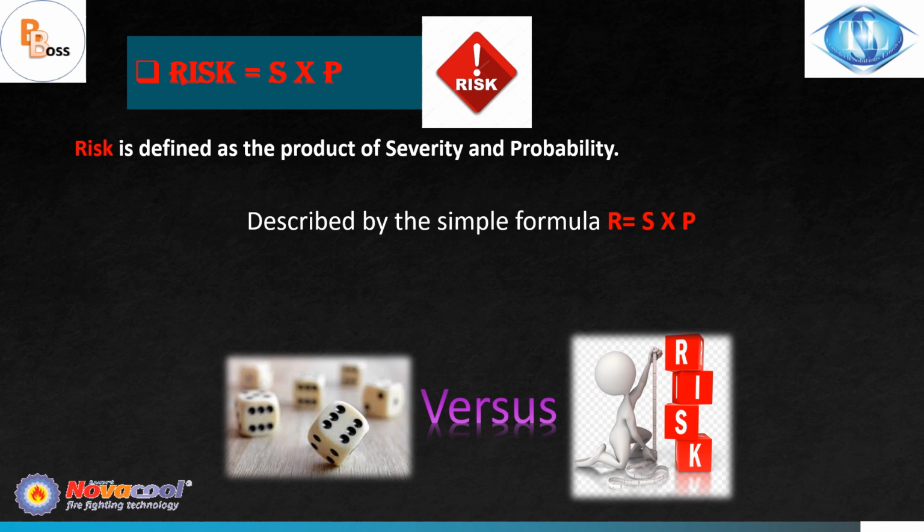You can see it's an interesting picture. Taking risk is like gambling, and this guy is measuring the risk before taking any action. Another interesting thing is that the word hazard itself is taken from the name of these dice. You know these dice for gambling on the left side?